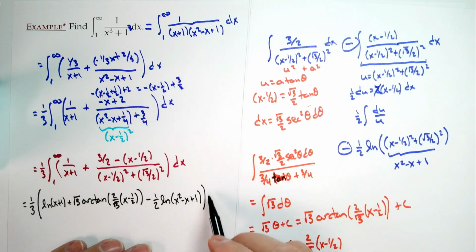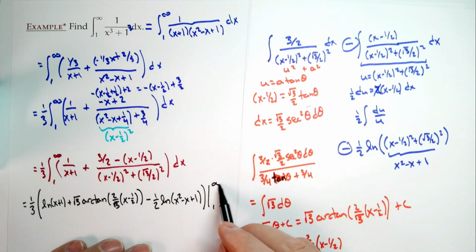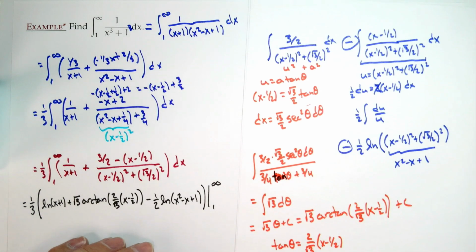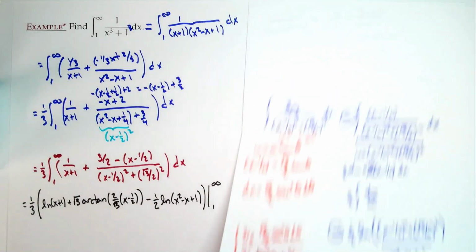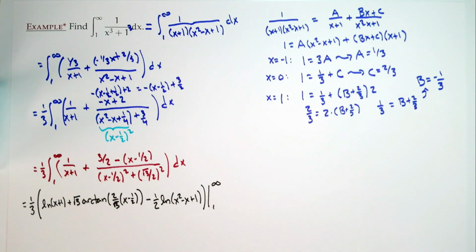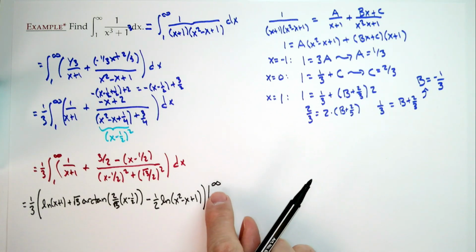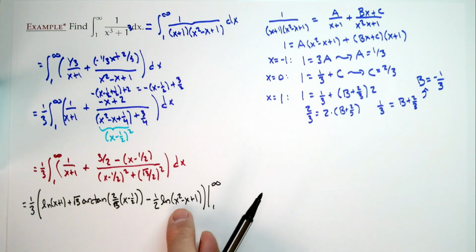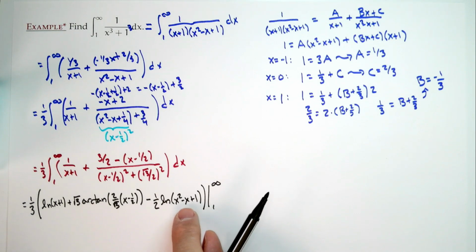But we're not done because we need to evaluate 1 to infinity. Now let's put this aside. Okay. And we're going to need to work with this. So, we say, what can we do? Well, the problem here is what happens when we go to infinity. See, this part is going to be big on the inside of the log.